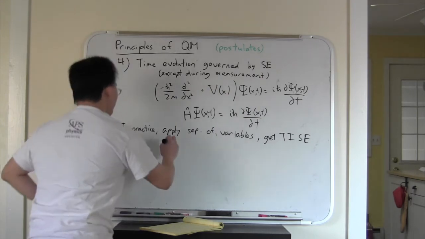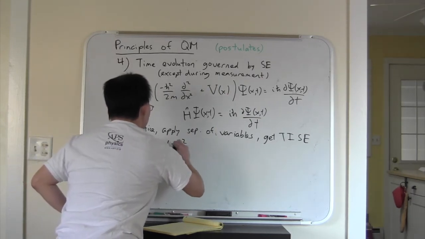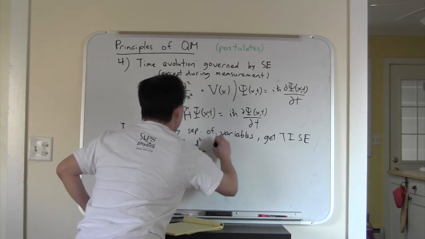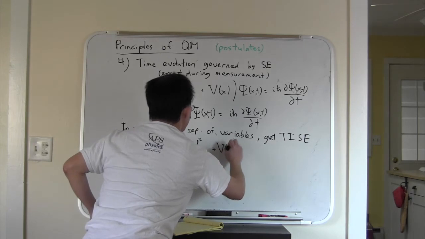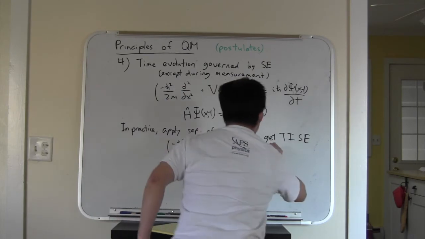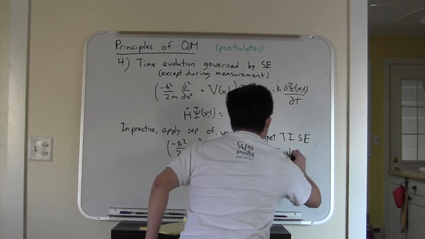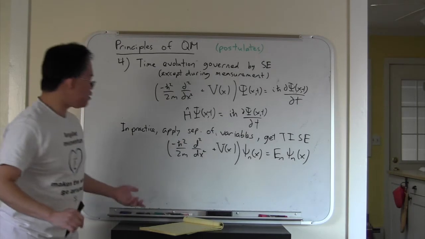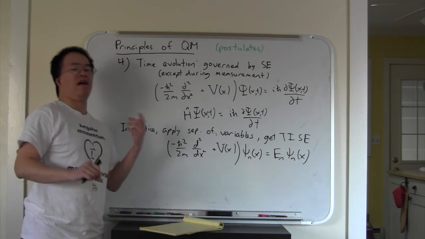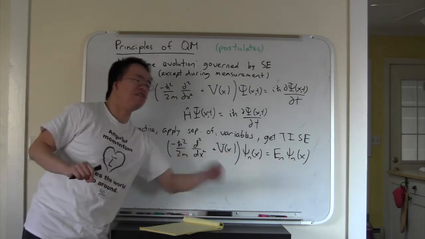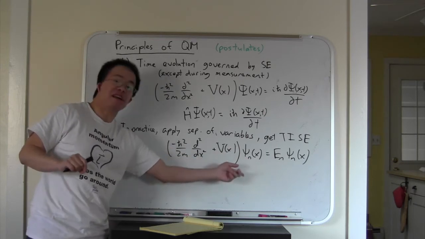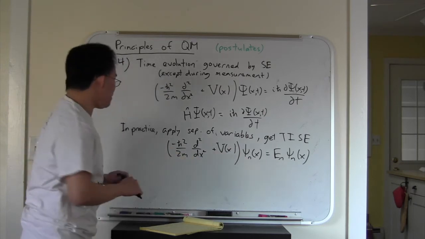I'll write the whole thing out. So the solutions to the time-independent Schrodinger equation are states with definite energy E sub n. There's an associated solution or wave function or stationary state, psi sub n.